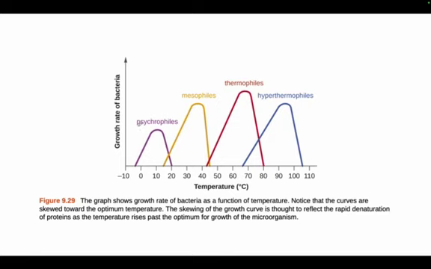Also, there are some bacteria which grow well at cold temperatures. They're called psychrophiles, growing well at around 10 degrees. All these bacteria have different adaptations within their own cells that help them survive at these different temperatures, and it's important to know the correct temperature to grow your bacterium of interest.